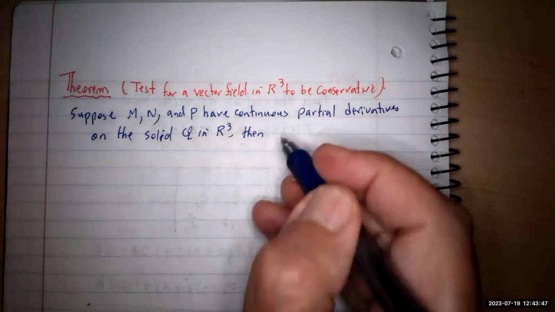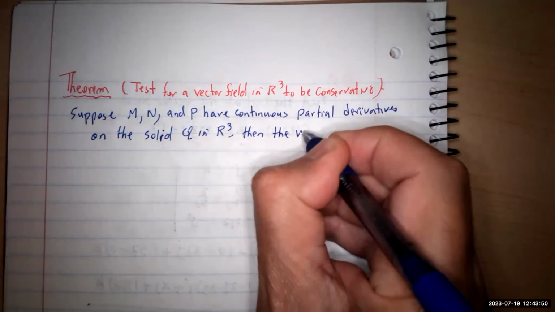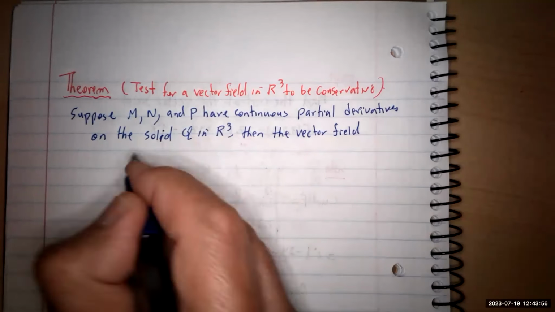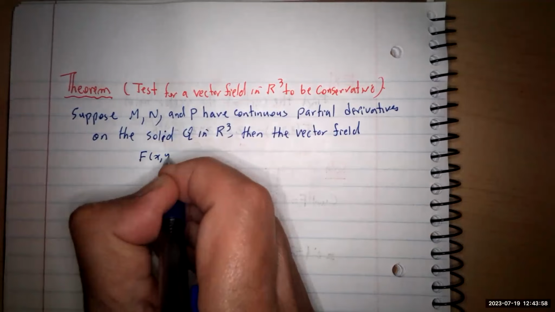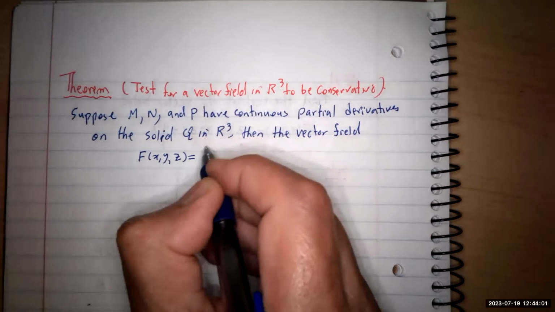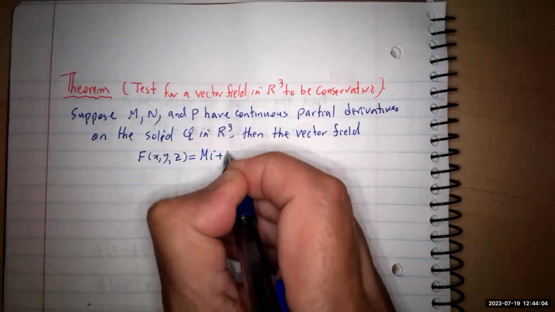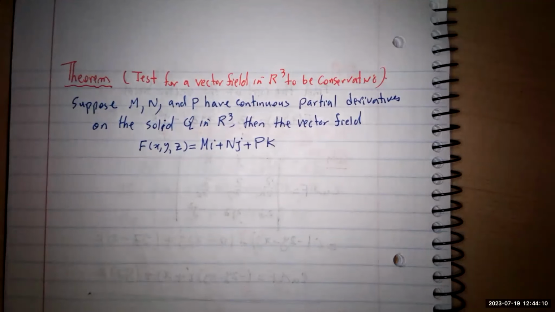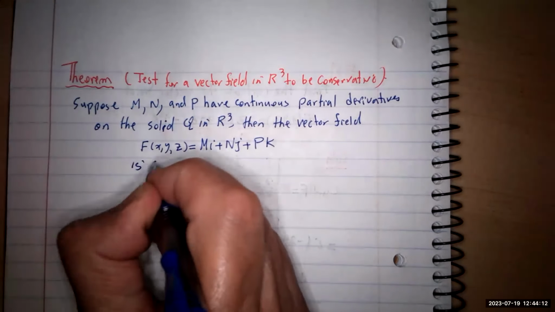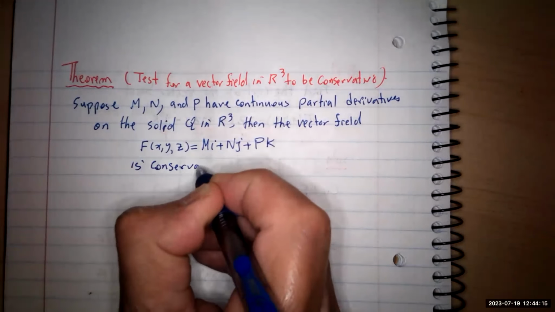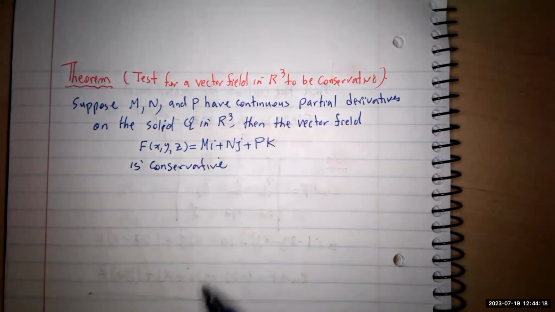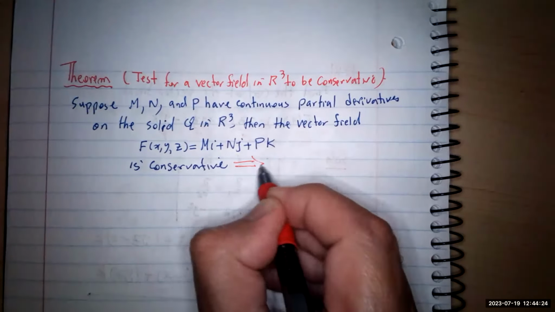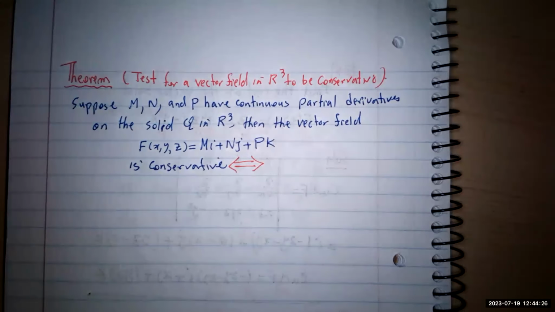the vector field F of x, y, z, which is equal to M times i, N times j, and P times k, is conservative if and only if the curl is equal to 0.